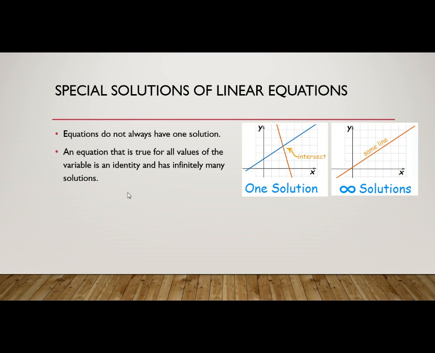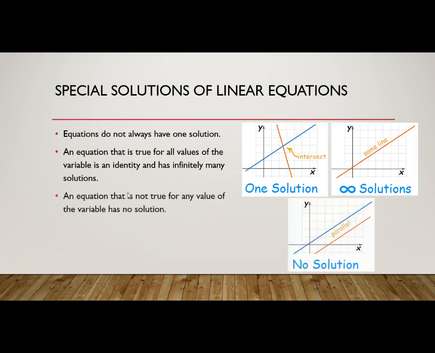You can have equations that might not look the same, but as we begin solving and simplifying them, we find that both sides were the same. It's always going to be true. This is called the identity, and it's going to have infinitely many solutions because the solution is where they cross. If it's the exact same line, they cross everywhere.